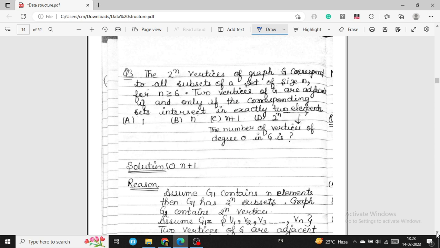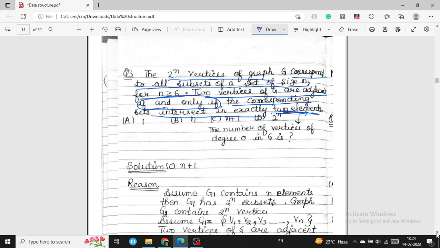2 raised to the power n vertices of a graph G correspond to all subsets of a set of size n, for n greater than or equal to 6. Two vertices of graph G are adjacent if and only if the corresponding sets intersect in exactly 2 elements.